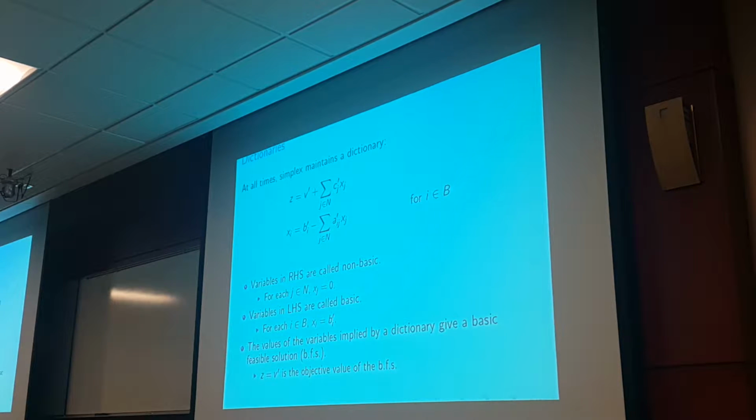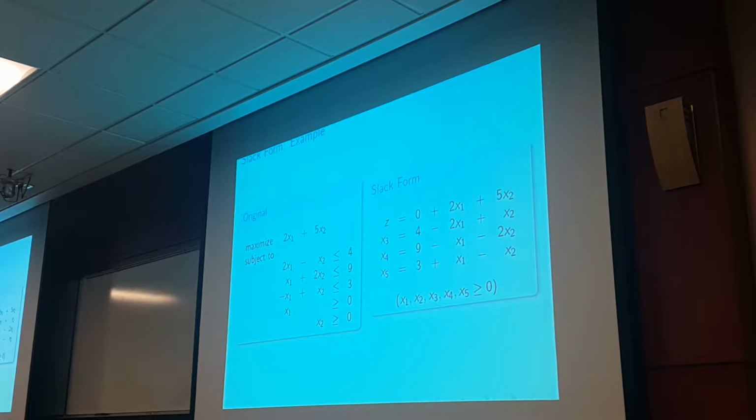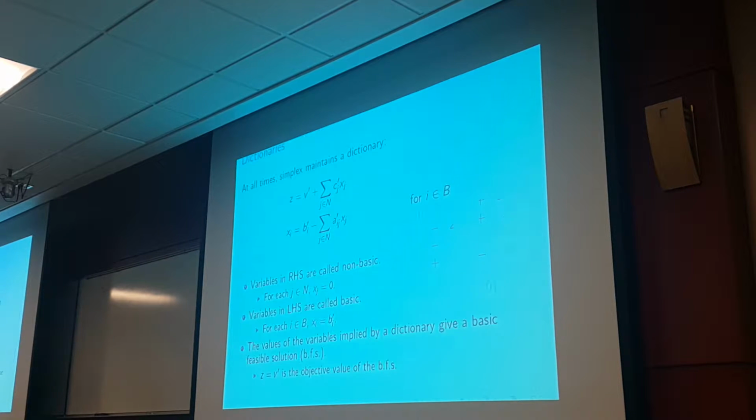I put primes here because these b_i prime and a_ij prime are not in general the same as in the original problem. Although in this case they happen to be just the negatives, so they happen to be the same. But after several iterations, these things are going to change, so we just put the primes.